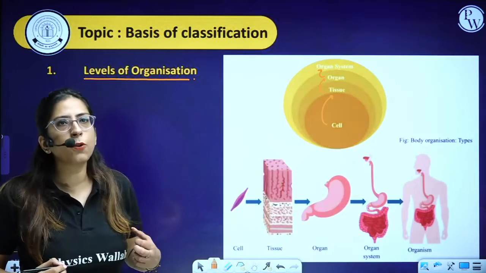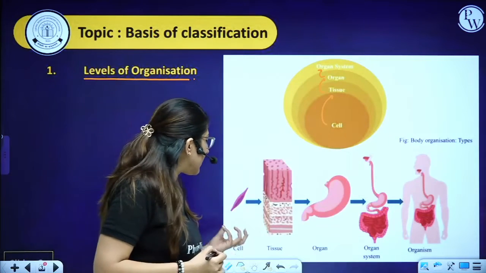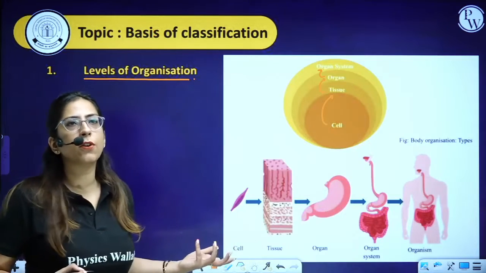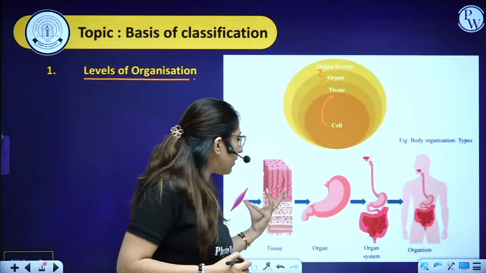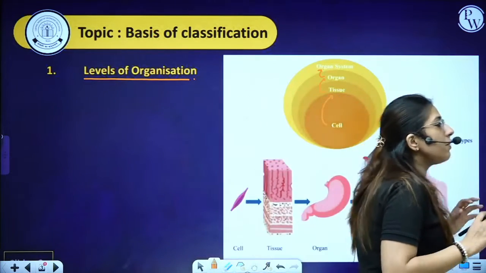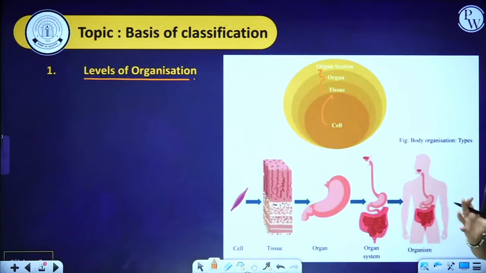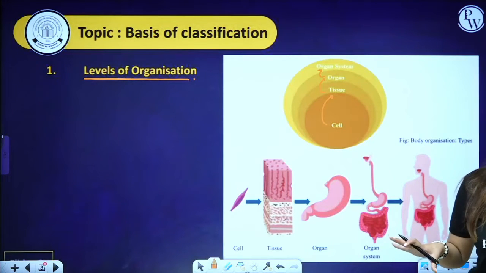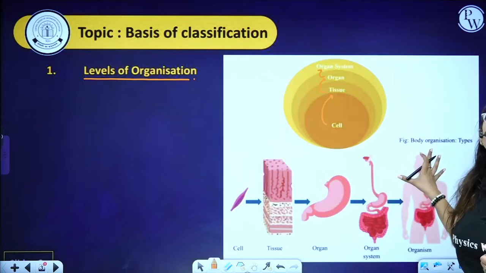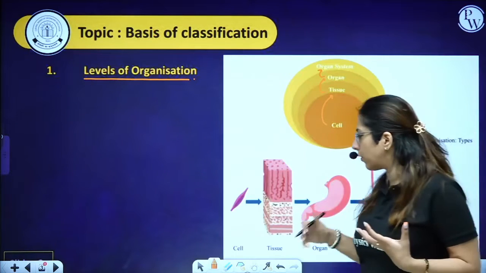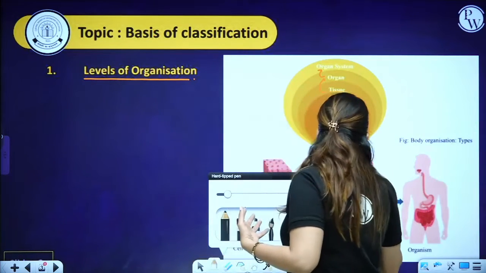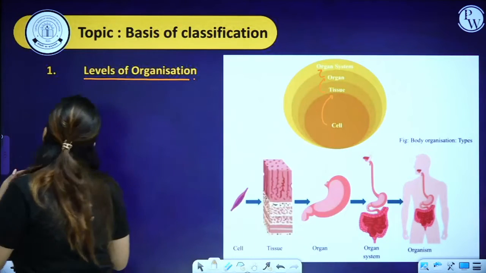Now there are groups of organisms which exist like this. Some have a cellular level of organization, some have a tissue level of organization, some just have the organ level of organization, and some have an organ system level of organization. We are not just talking about the human body, we are talking about other organisms also. So let's talk about each of these one by one.